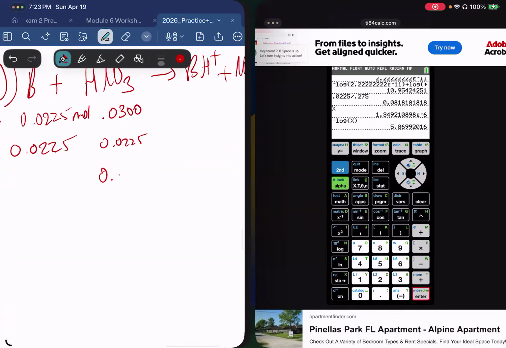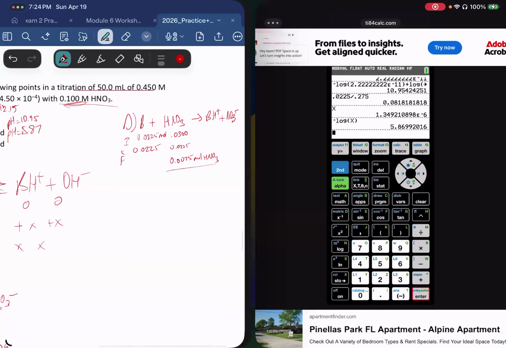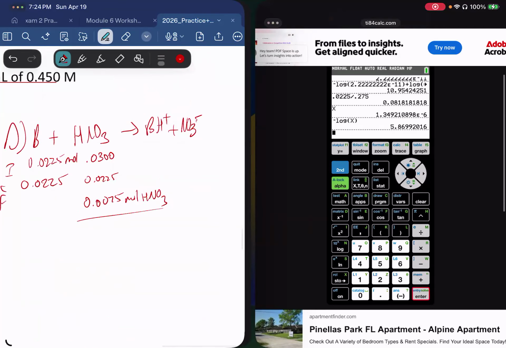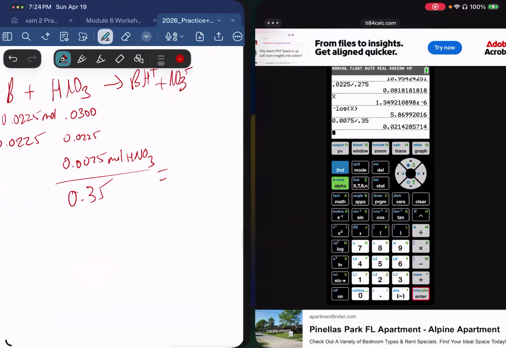Subtracting both of these is going to get you 0.0075 mole of HNO3. And then from there, we can figure out the concentration of nitric acid. So that's 300 plus 50, so 0.35, and do 0.0075 divided by 0.35 to get the concentration of HNO3.